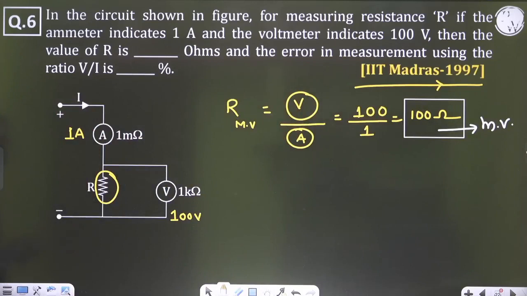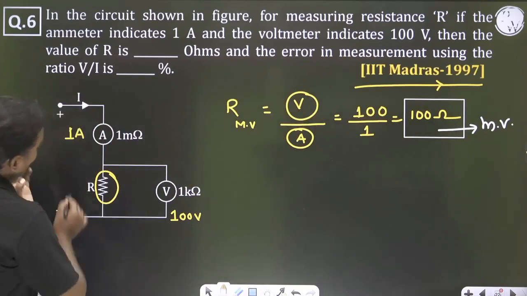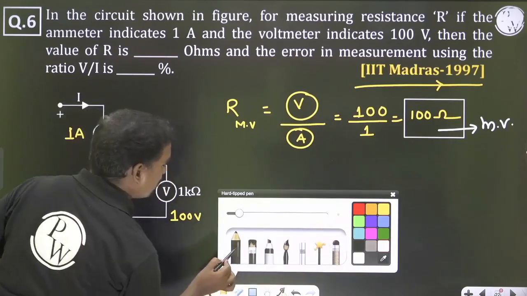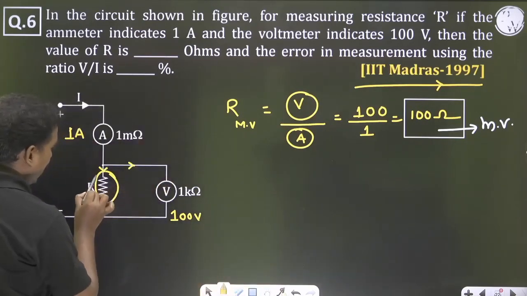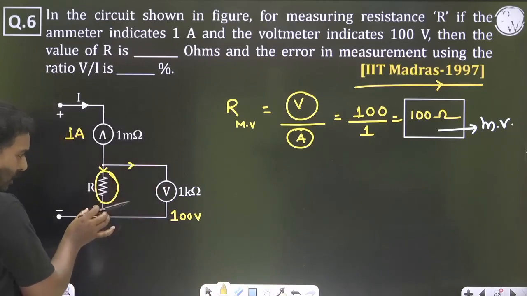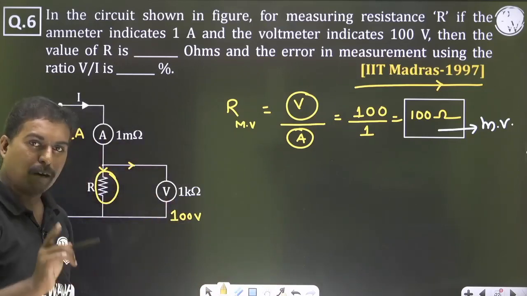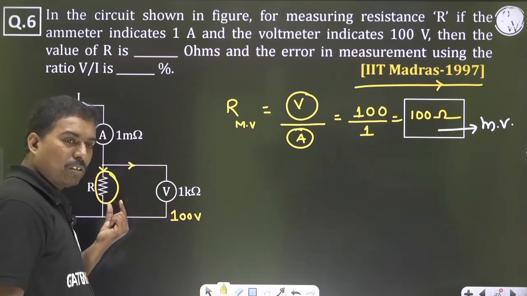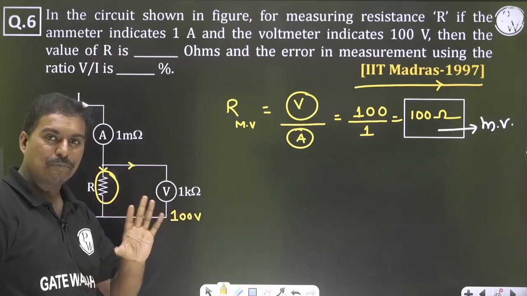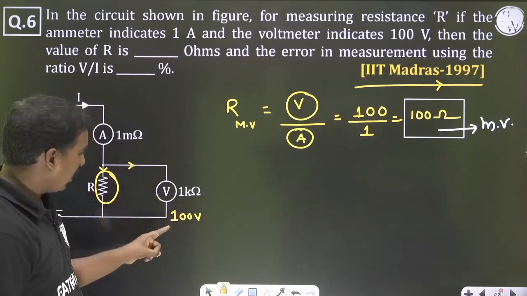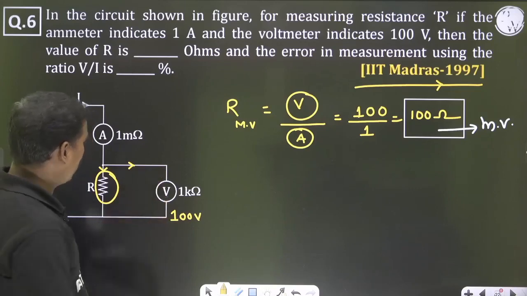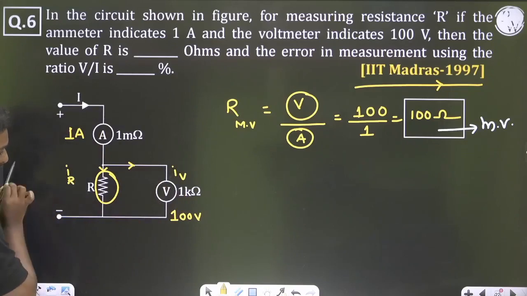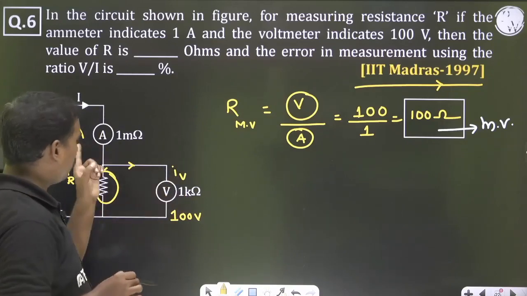To know the true value, let's see the current concept here. 1 ampere of current is coming here, and this 1 ampere splits in two parts: the current passing through the resistor and the current passing through the voltmeter. Observe that this resistance is in parallel to the voltmeter, so the voltage across this resistance and this voltmeter will be the same. First, let us calculate the current passing through the voltmeter. IV plus IR should be equal to 1 ampere.